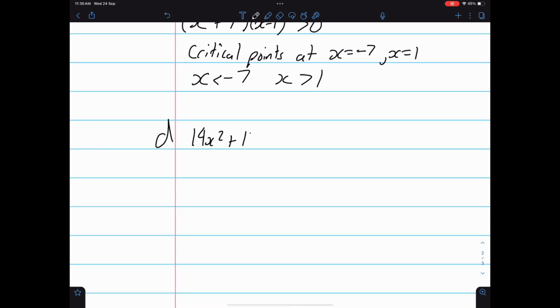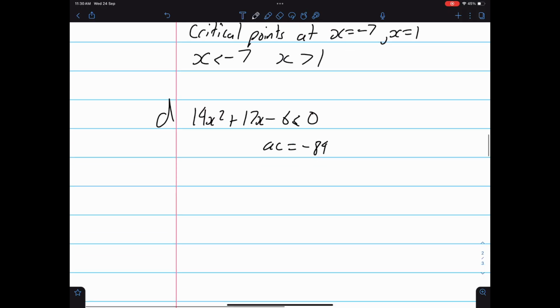14x squared plus 17x minus 6 less than or equal to 0. AC equals negative 84, so we just need to figure out things that will multiply to get the answer that we want. That's looking like 21x minus 4x minus 6 less than or equal to 0.